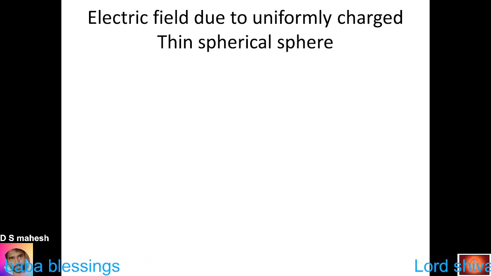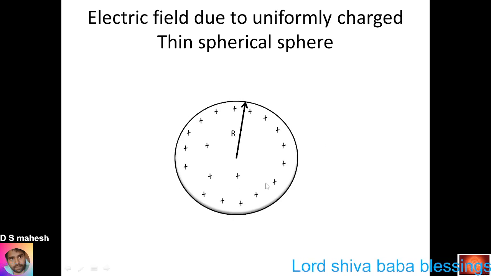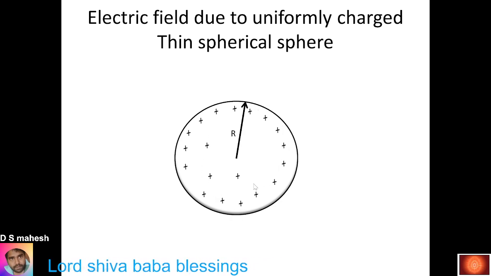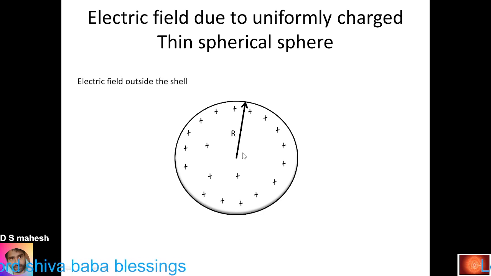Next, let us consider the electric field due to spherical charge. So this is not circle, this is a sphere, and the sphere with the radius of r. If the charge is uniformly distributed over the sphere, then we need to calculate the electric field outside the shell.